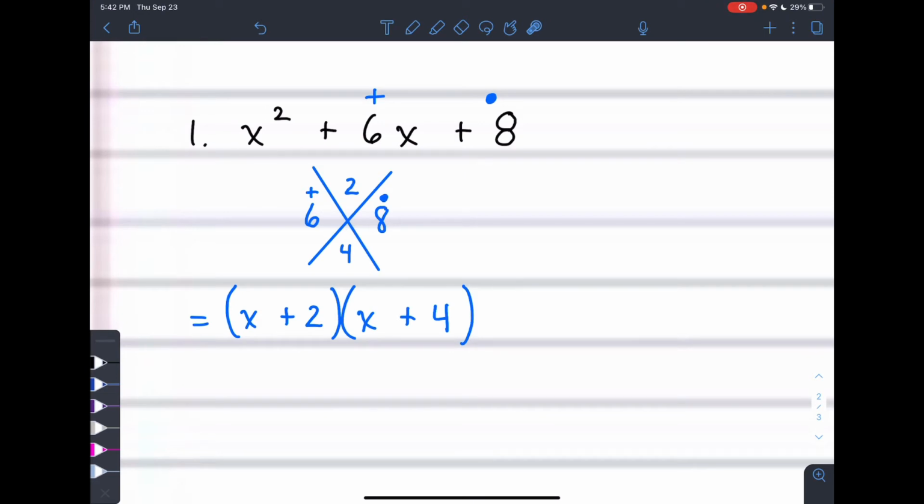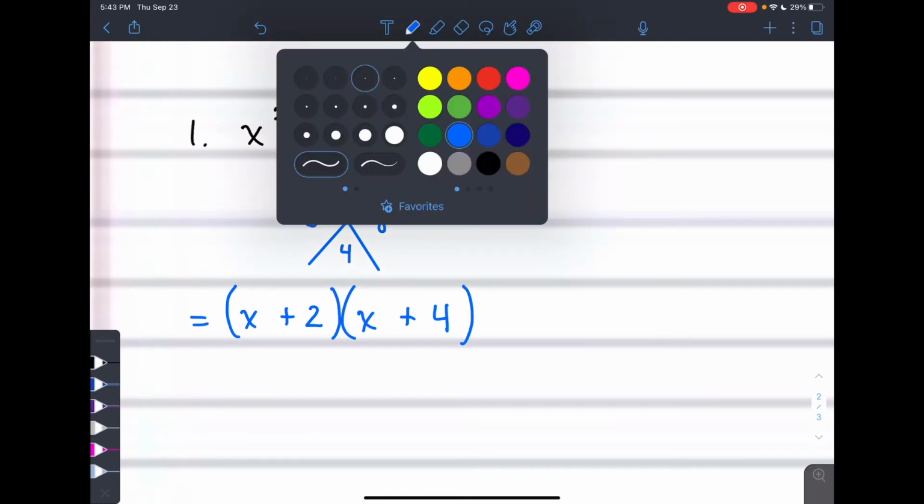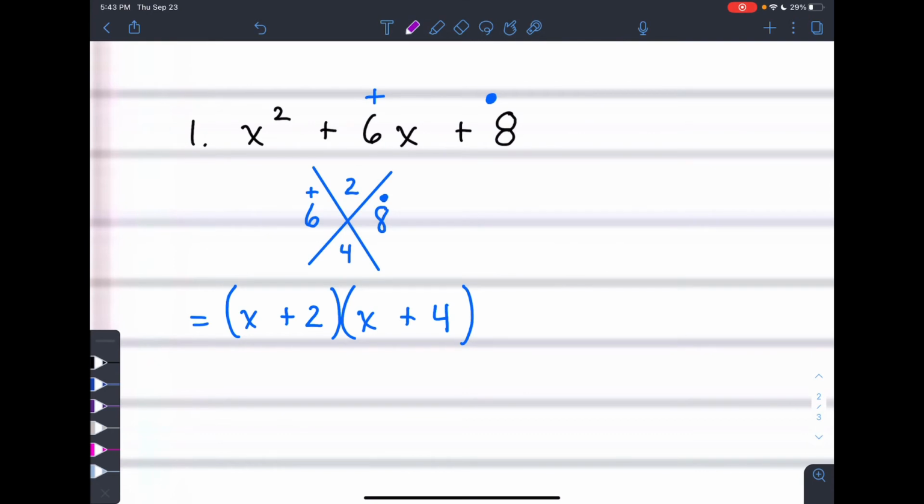So when we check our work, this is where foiling or distributing can be a little bit quicker than the box method, okay? All you're going to do is FOIL it out to see if you get back your original statement. So when we FOIL, I'm going to use a different color to check my work.